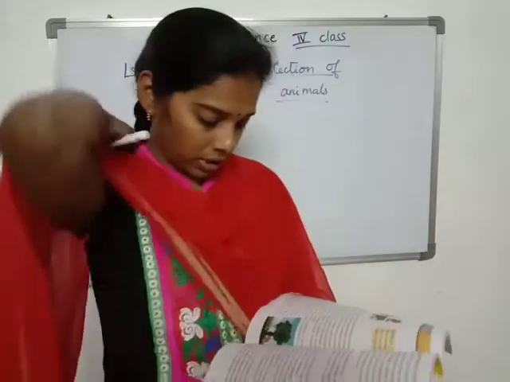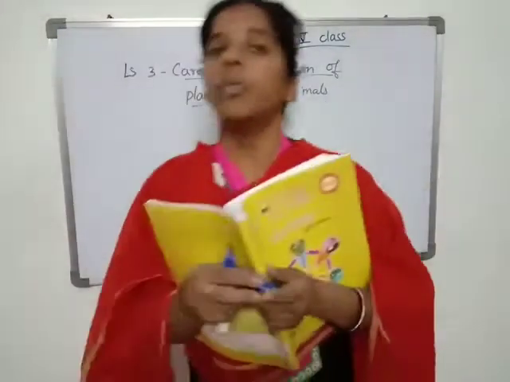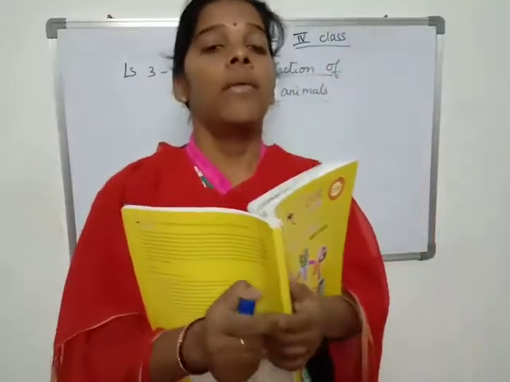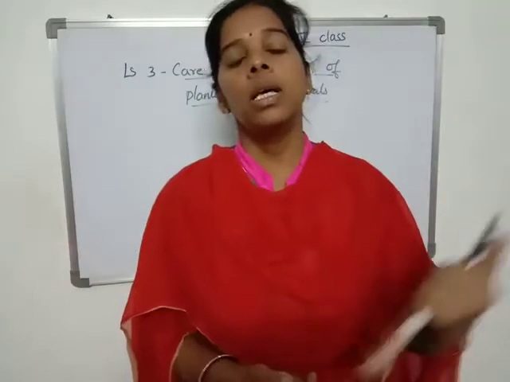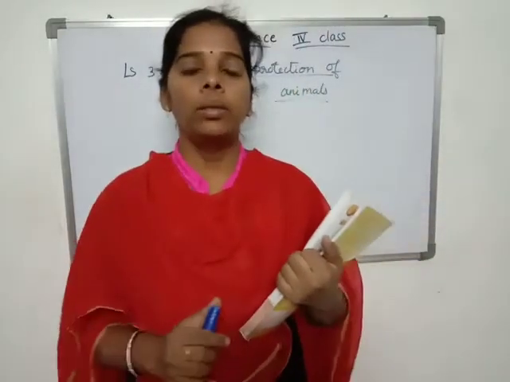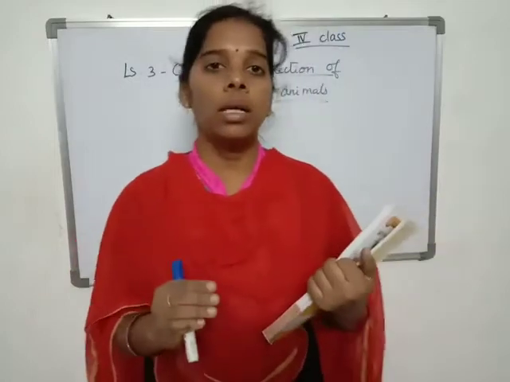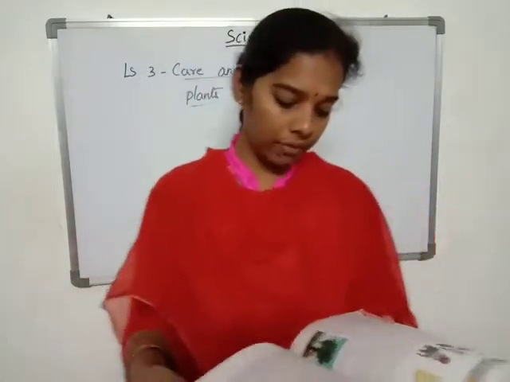Protection of forest. At home we have small plants, but we have to protect the forest. Forest means it is full of plants, so we have to protect the forest to maintain a proper balance in the atmosphere.